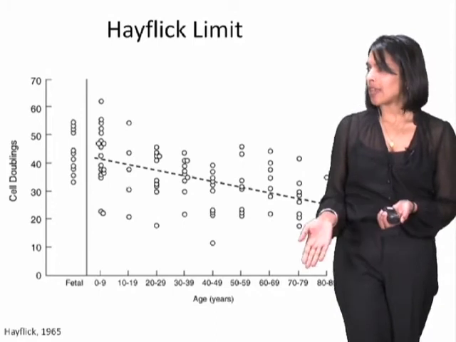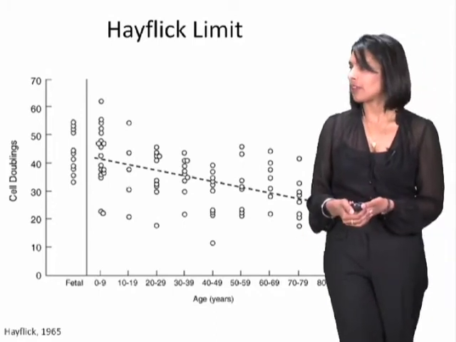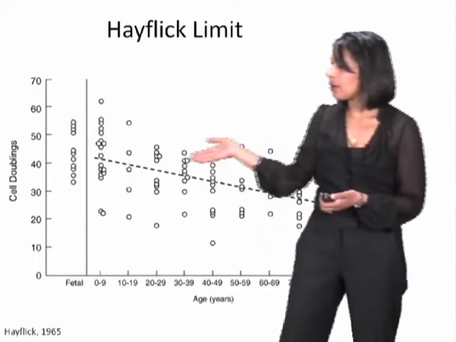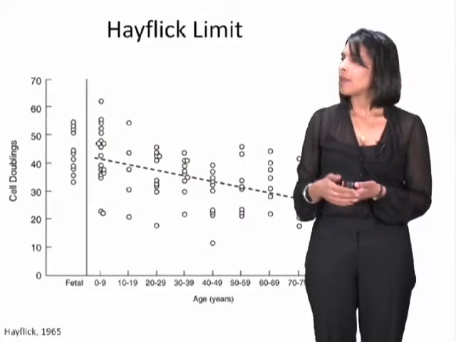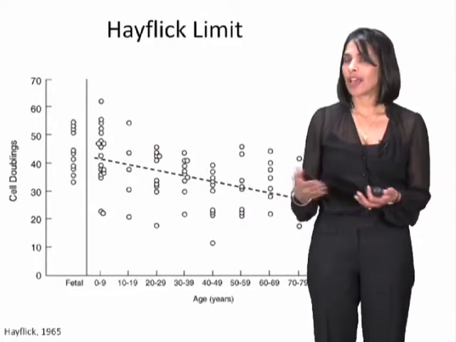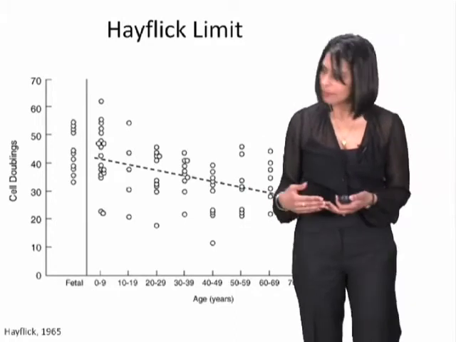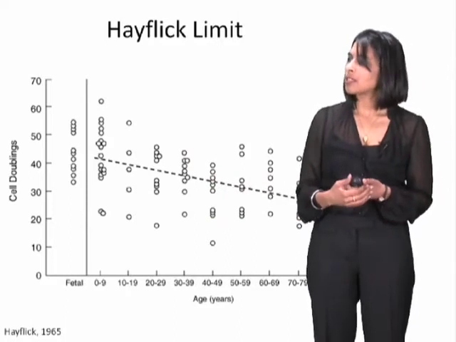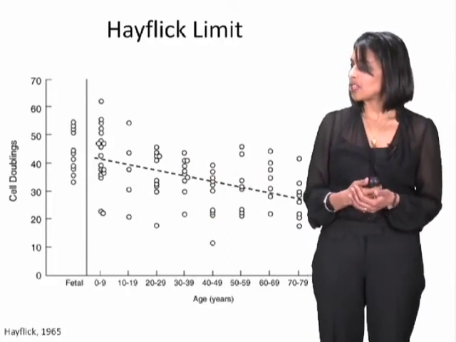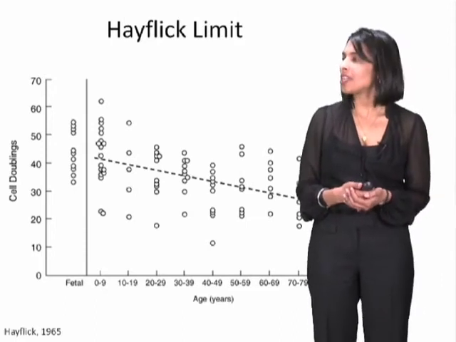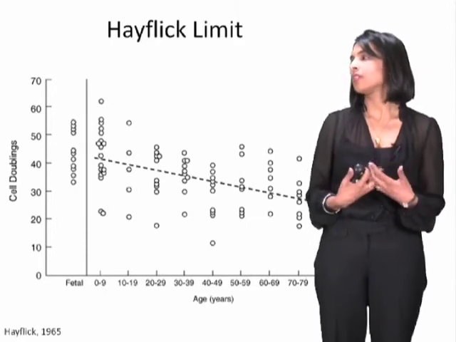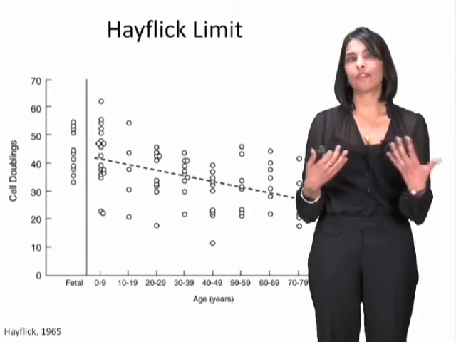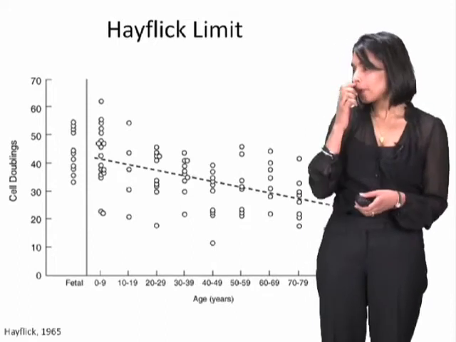If one takes fibroblasts, those same fibroblasts that I was describing to you earlier, from patients of different ages, so fetal fibroblasts all the way up into their 80s, and cultures them and passages them in the flasks, as I showed you, and counts doubling time, one sees that the number of cell doublings that one can achieve is less as the patient source is older. So as patients age, their cells are able to double a fewer number of times. And what that implies is that cells have a finite lifetime in culture, and in fact in vivo.